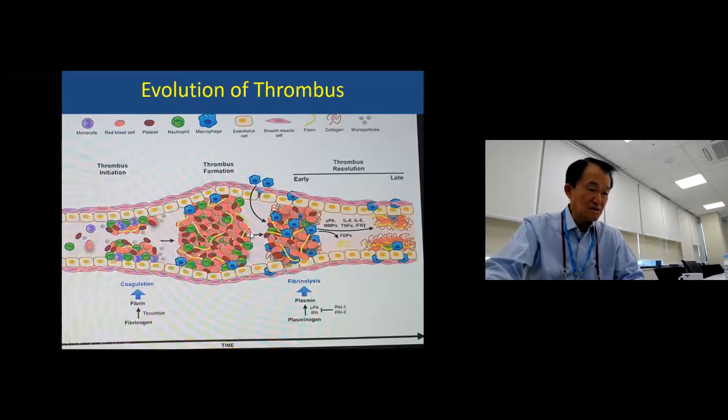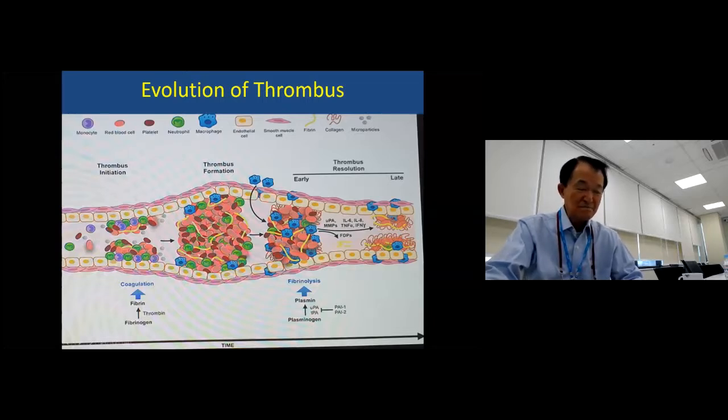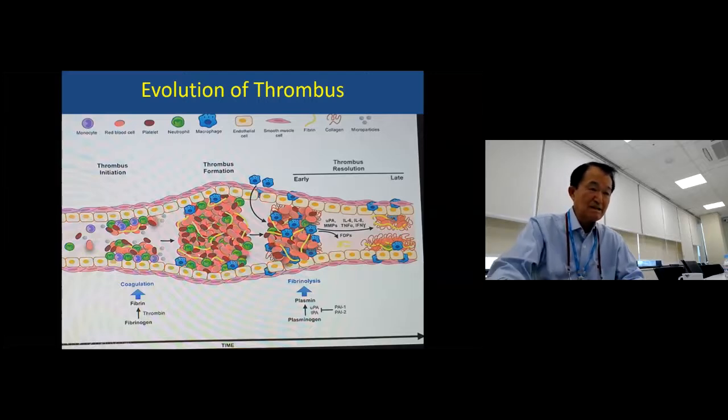And then initially fibrinolysis, particularly this plasminogen activator, and then here, this cytokine produces cytokines, and some later it's broken here. So a lot of cells are involved. You can see here, immune cells and other cells are involved together.